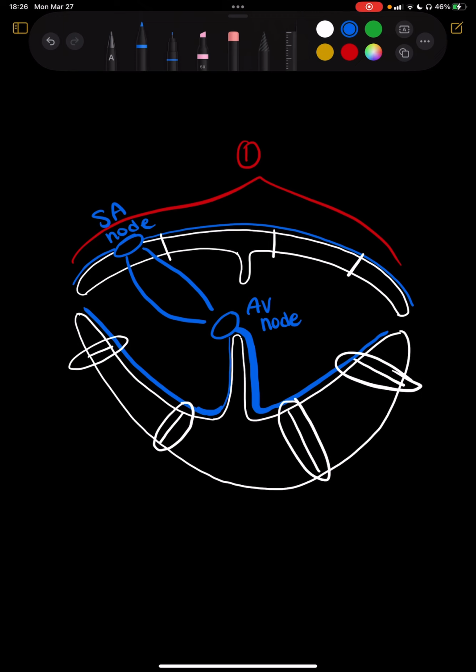The impulse then moves down the septum more densely to the left and causes the contraction to go here. The impulse then moves on to the ventricles and allows them to push the blood out of the heart.